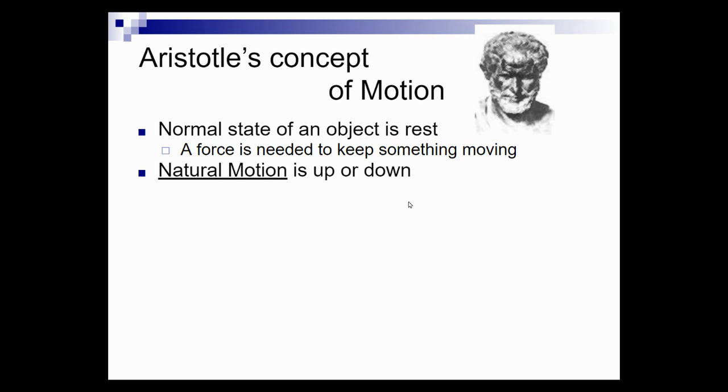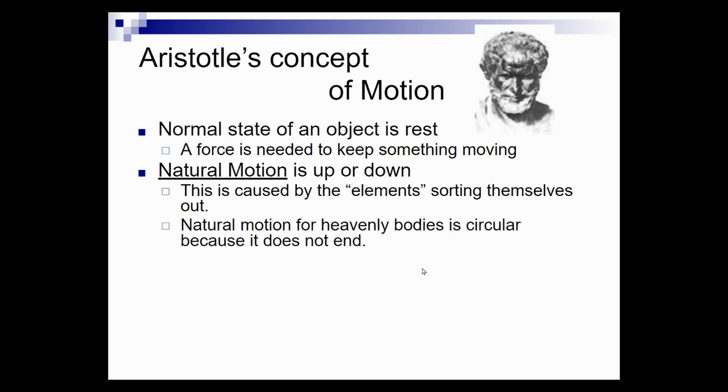Natural motion is up or down, caused by the elements sorting themselves out. This is what early philosophers thought. But natural motion for heavenly bodies is circular because it does not end.